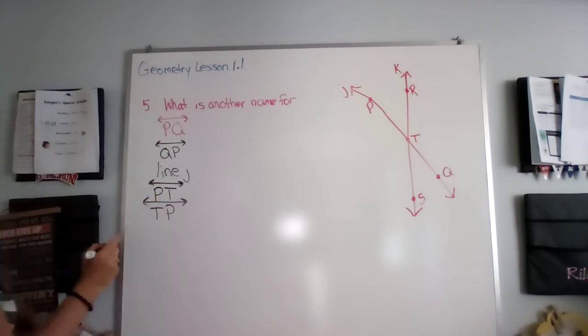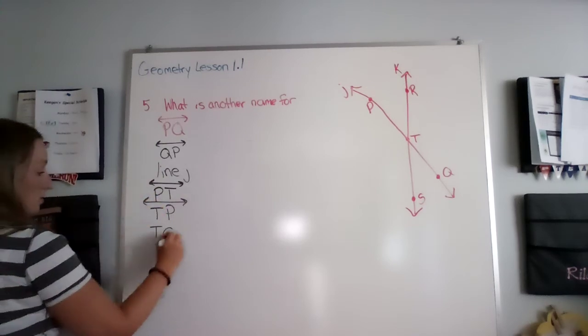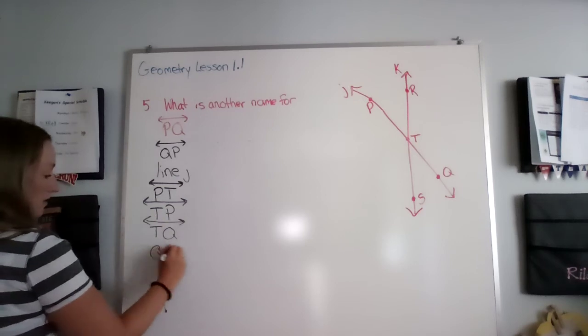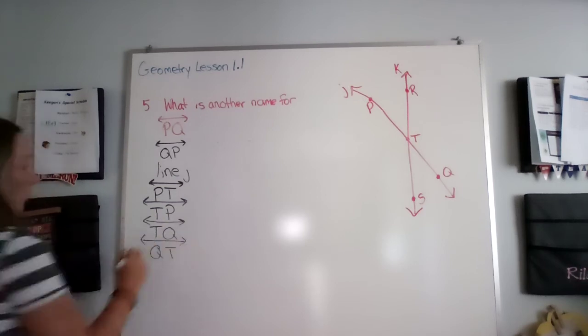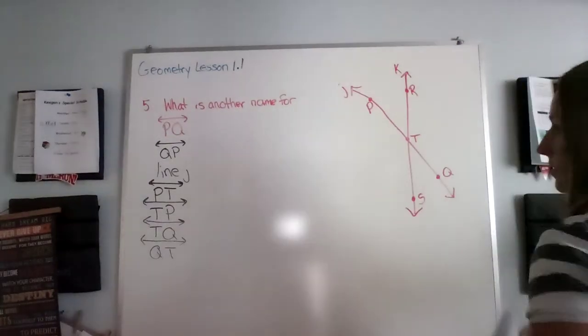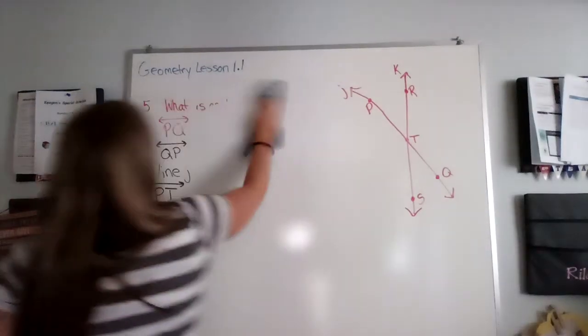Or you could use T and Q and call it line TQ, or flip them around and call it QT. So any combination, as long as you pick any 2 points on the line, those 2 letters can be used to name the line. So lots of different options there. All right, let's look at another question.